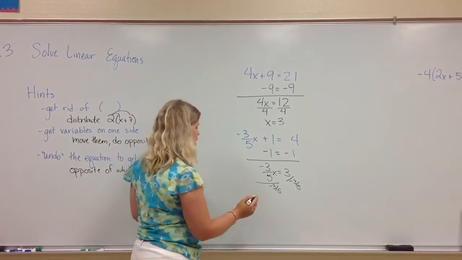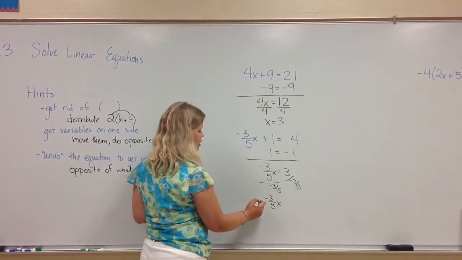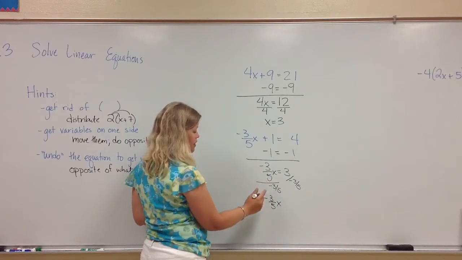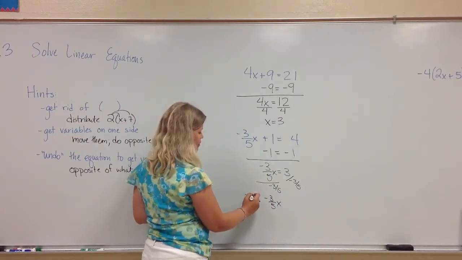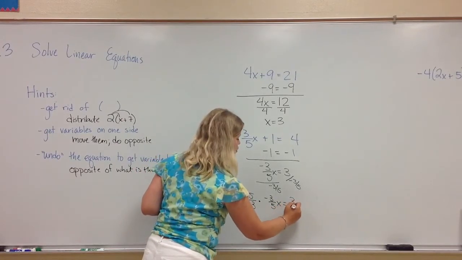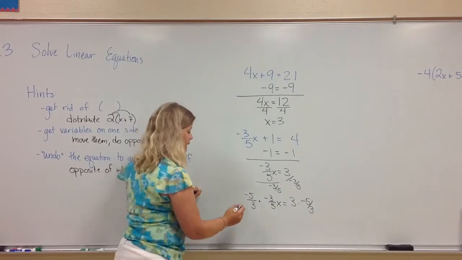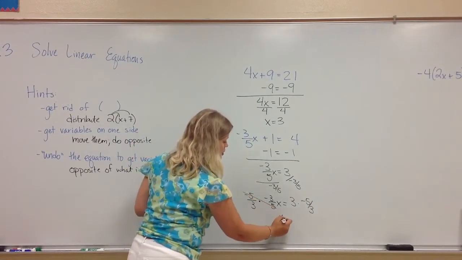Oh, yay, somebody said it. It's multiplying by the reciprocal. So instead of negative 3/5, it's negative 5/3. The rule in algebra is what you do to one side, you do to the other. Okay, so this all turns out to be just x.